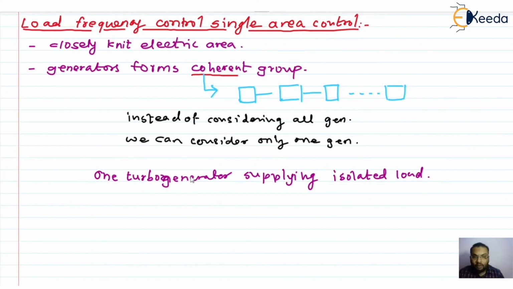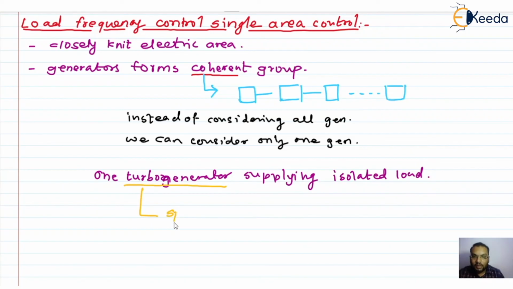Again, the speed of this turbo alternator will definitely get affected because of the changes in the load. Whatever response it produces because of the change in the load depends on three different responses.